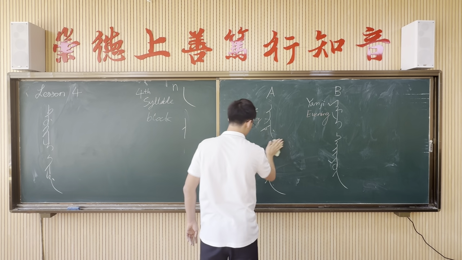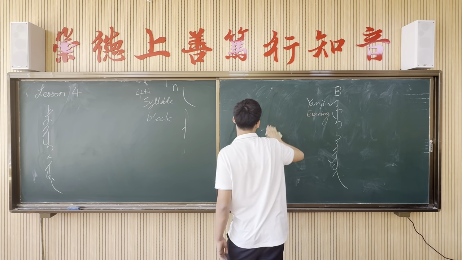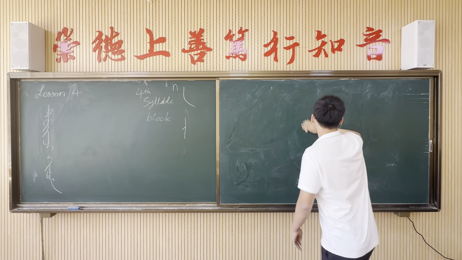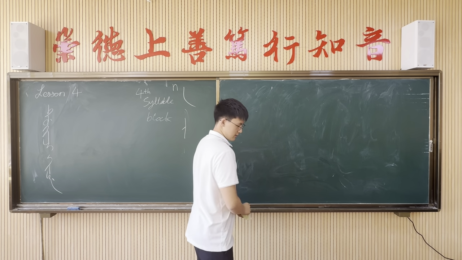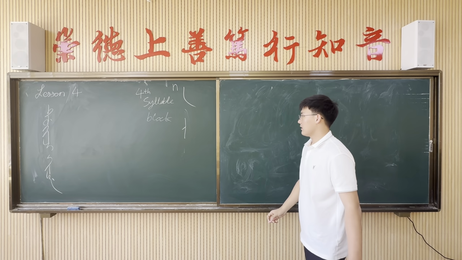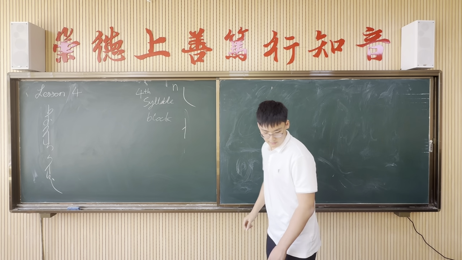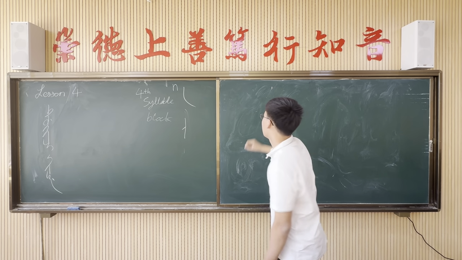And we'll move on to the next part of our lesson, which is combining some characters, right? And further refining our proficiency of the fourth syllable block, right? So first we have anda.